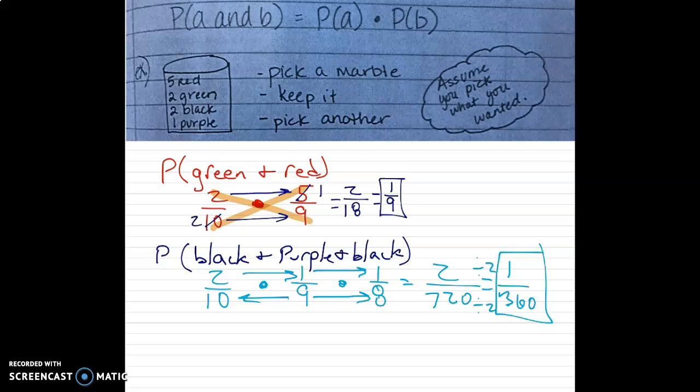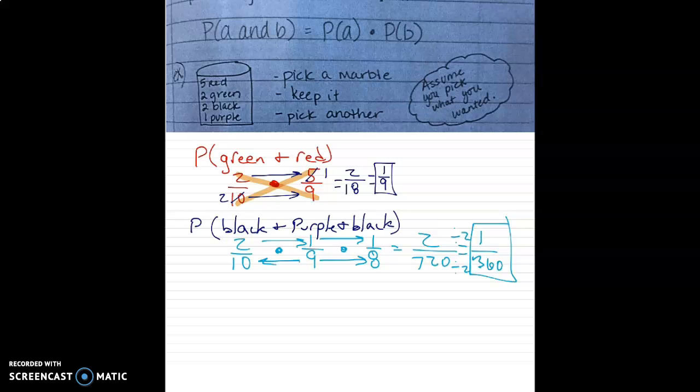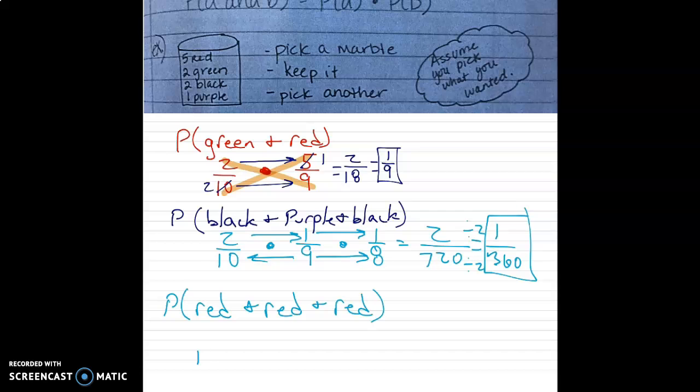All right, let's do another one. We'll just do one more. Let's do the probability of drawing a red, then a red, then a red. So remember, there's 10 marbles in there.